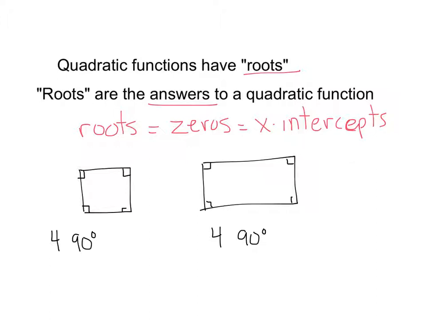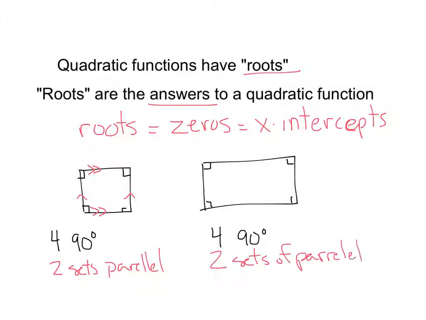Well, what else is the same? For example, a square has 2 sets of parallel sides. Okay, so we've got that side's parallel and that side's parallel. Well, so does a rectangle. So we've got one set of parallel sides and a second set of parallel sides.